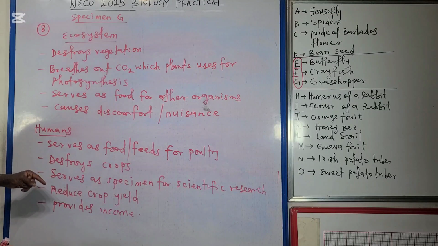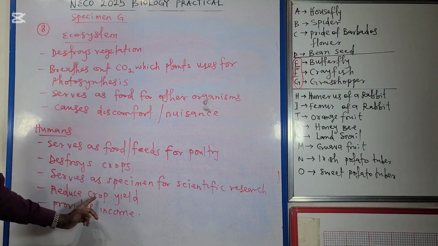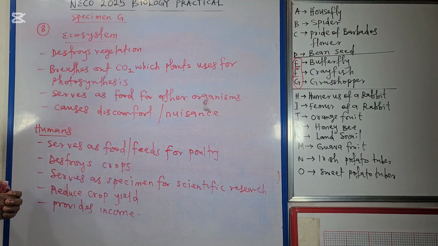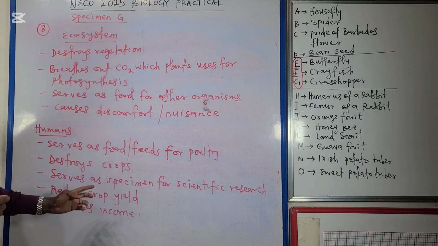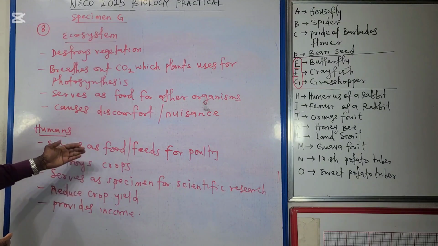So also, since grasshopper destroys crops, it means we can say it reduces crop yield. The value we can sell crops that has not been eaten by grasshopper is not the same as those that has been eaten by a grasshopper. So it reduces crop yield.